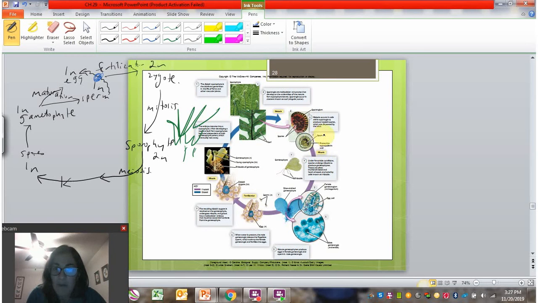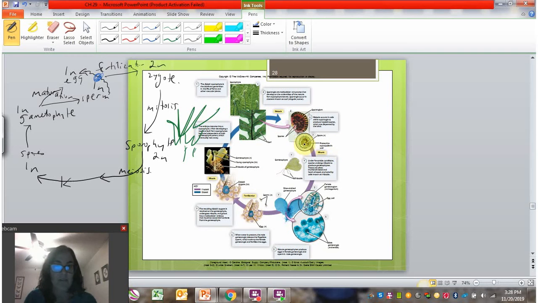Here's our spore. Remember, it's haploid. It's released and goes out into the environment. If it finds a nice place to live, so not in your house, a lot of people keep ferns in their house, and if you've ever had a fern in your house, you maybe have noticed it sometimes making a powdery dust off of its leaves. That was the spores, but you probably didn't notice any baby spores sprouting on your countertop or on your floor, and that's because they weren't favorable conditions.